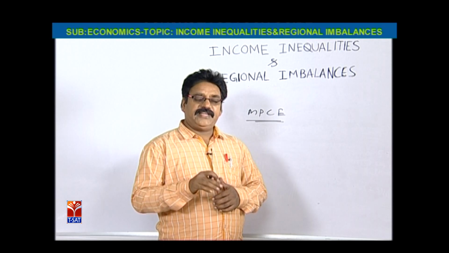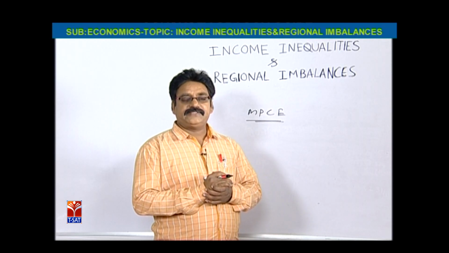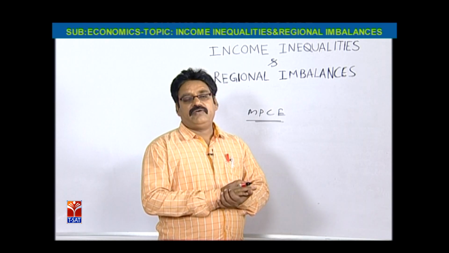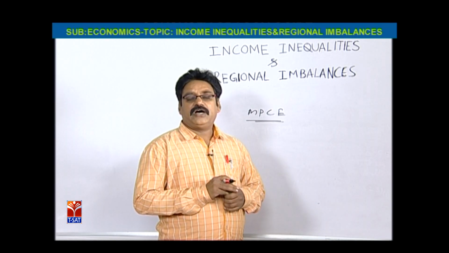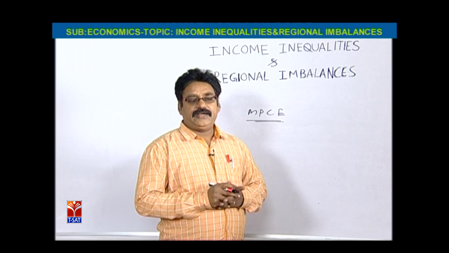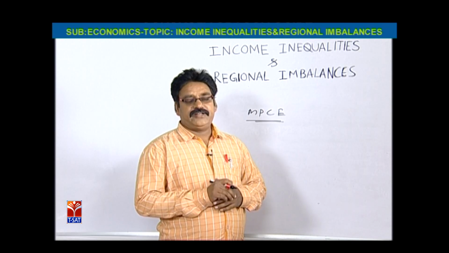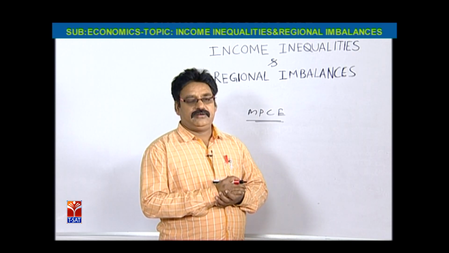At the same time, to attract industries from other countries and encourage our industrialists, government spends lots on the urban areas. That also leads to urban development and rural underdevelopment. This is one of the reasons for the rural urban divide.